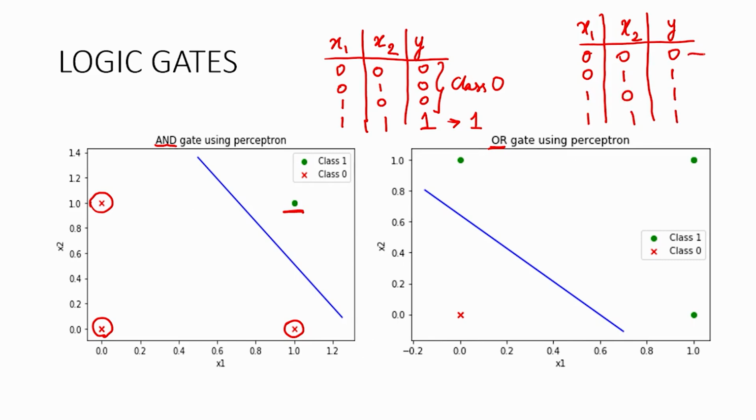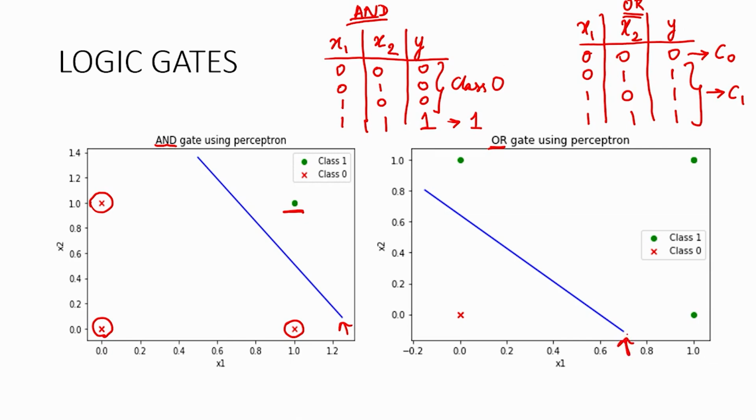So, here this belongs to class 0 and all these belong to class 1. So, this is in the case of AND gate, this is for OR gate. So, since the data is linearly separable, in both the cases perceptron algorithm was able to converge and identify a hyperplane that can separate the two classes.